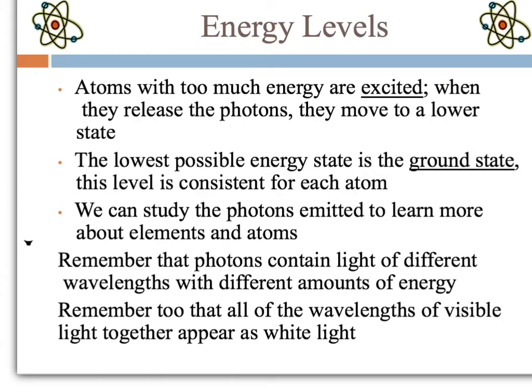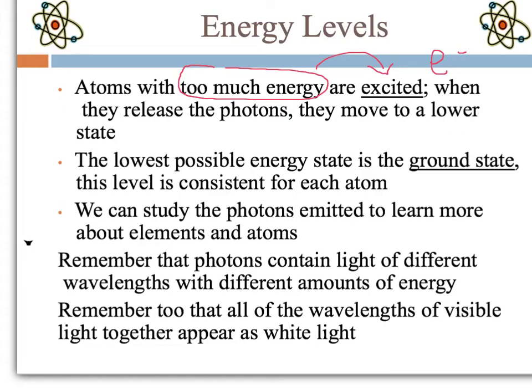So electrons, generally speaking, have the bulk of the energy within an atom, and when they have too much energy, we say they are excited. So the electrons are in an excited state. When they become excited, they have some stored energy, but that energy can't be stored for very long.